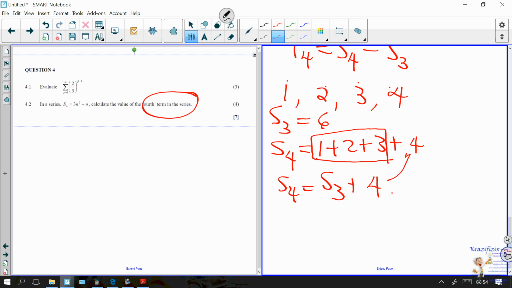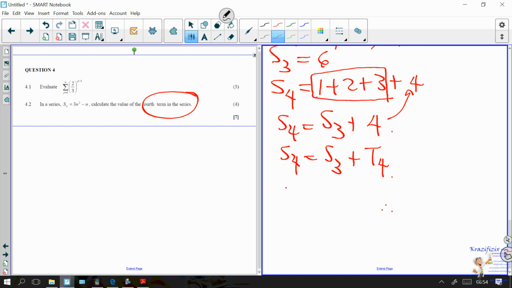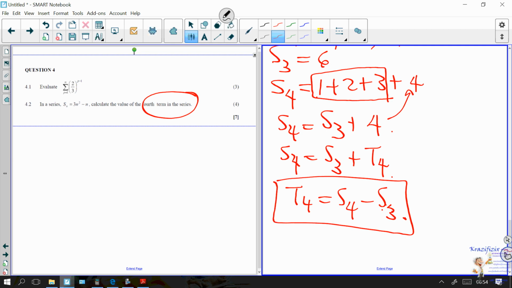Is that making sense? This is the 4th term. So you're saying S4 equals S3 plus T4, because it's T1, T2, T3, and then T4. So since I'm looking for T4, T4 equals S4 minus S3. I hope that makes good mathematical sense to you.